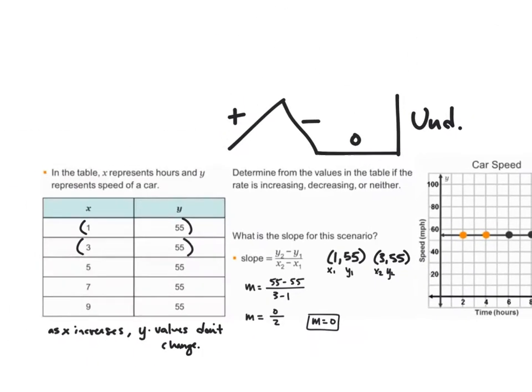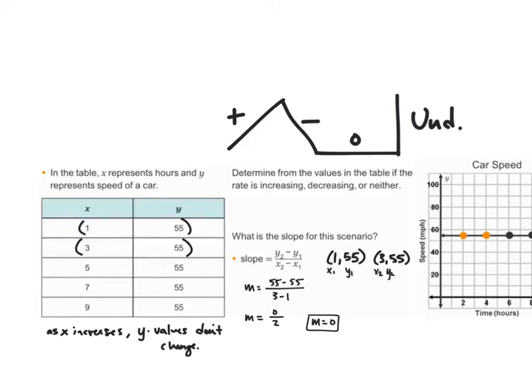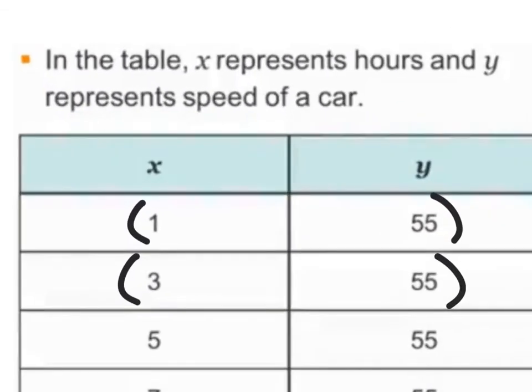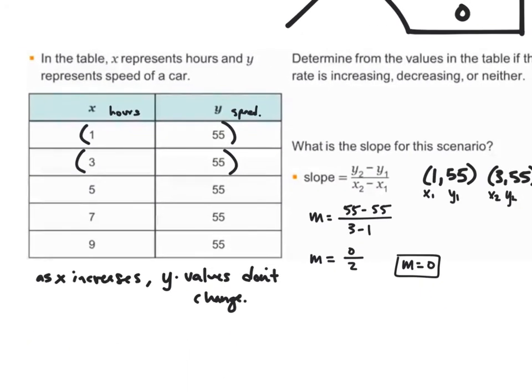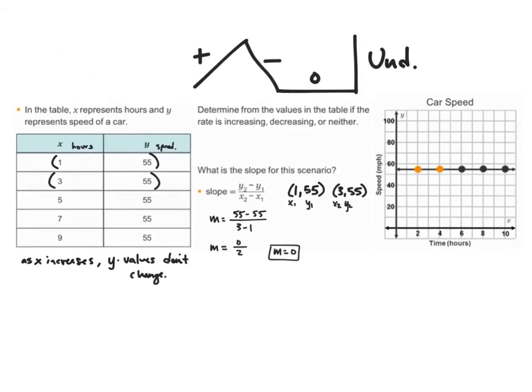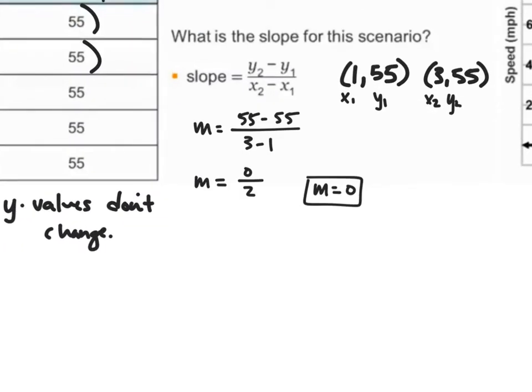Now in this scenario, x represents hours, y represents speed. What we know from this is that the speed is not changing. The y value is in miles per hour, x is in time. So at every hour, they are traveling at the same speed of 55 miles an hour.